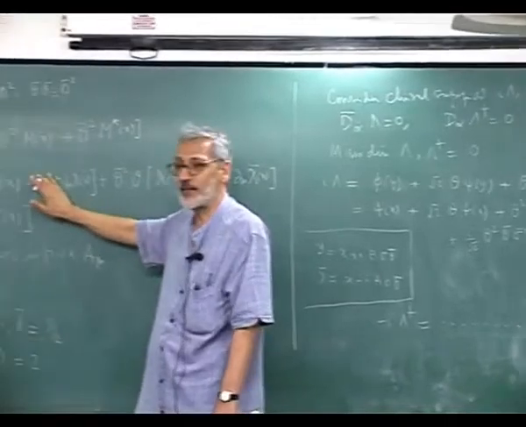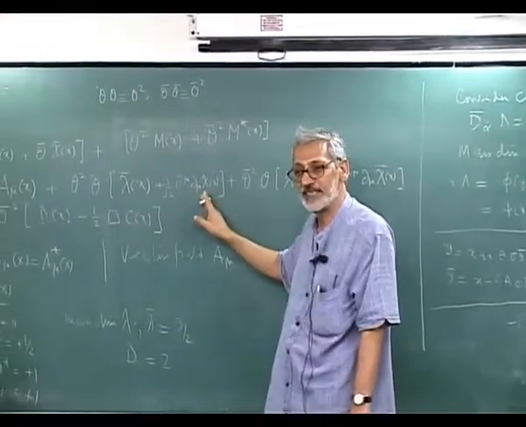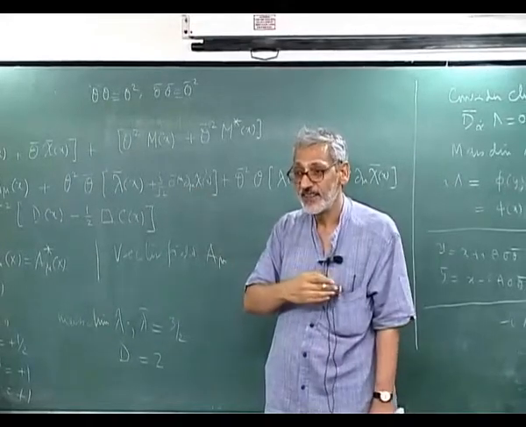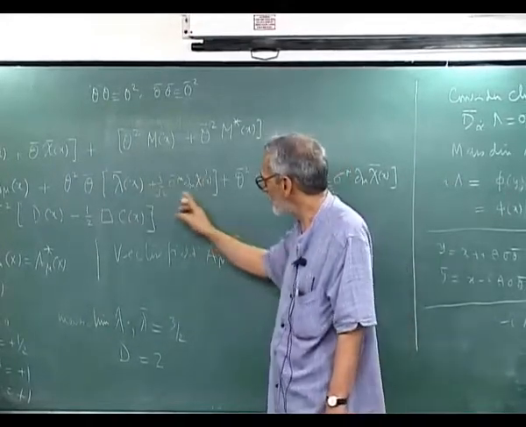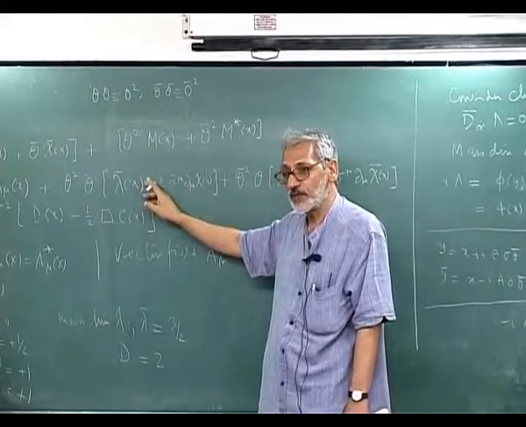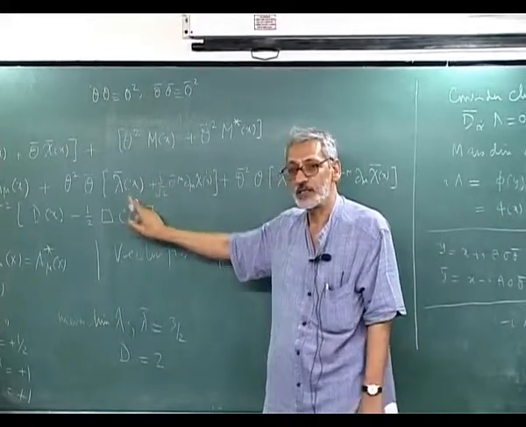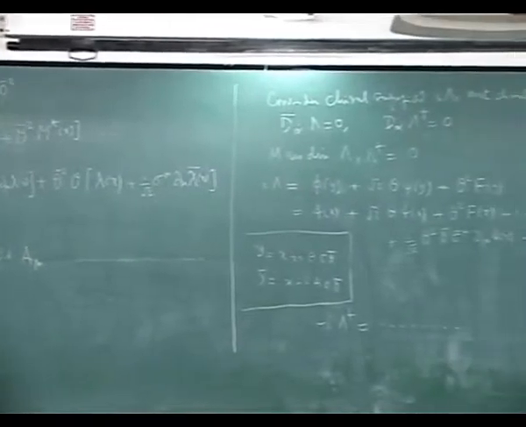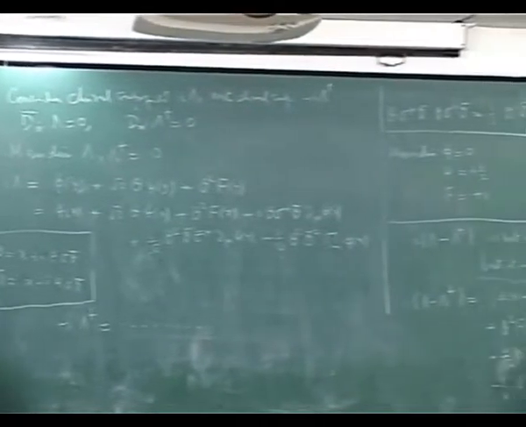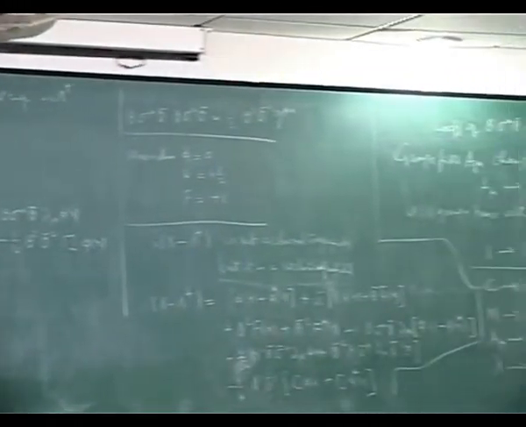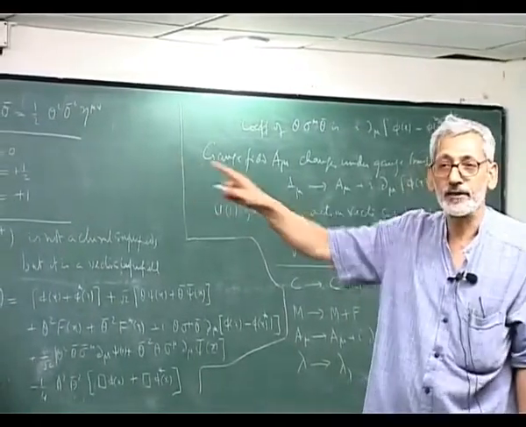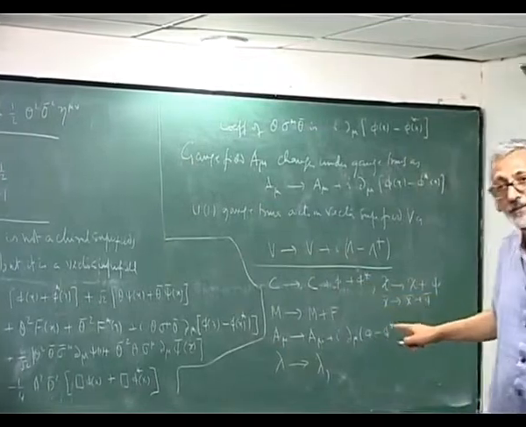If I had not put that, then lambda would change by this, but derivative of psi. But from this combination, if I have to work out how lambda changes, then lambda does not change at all. Is that clear? The convenience of putting that little extra piece there is at this step.